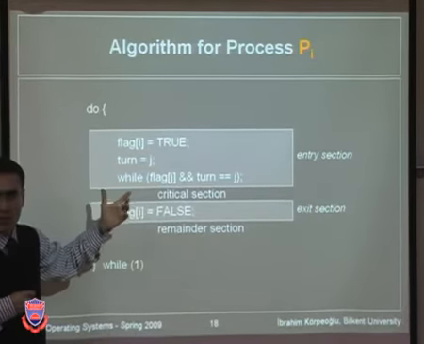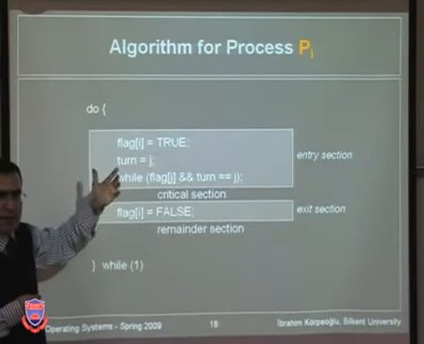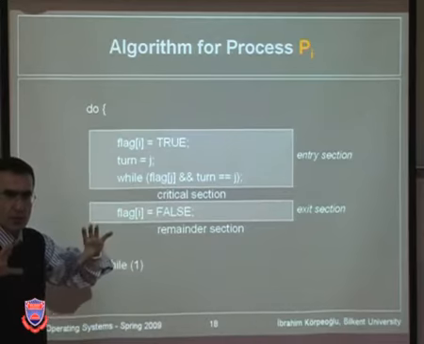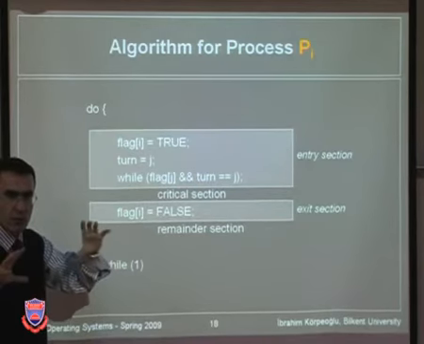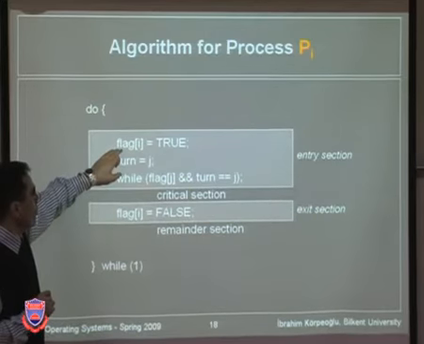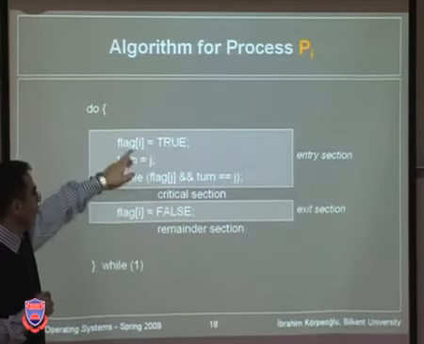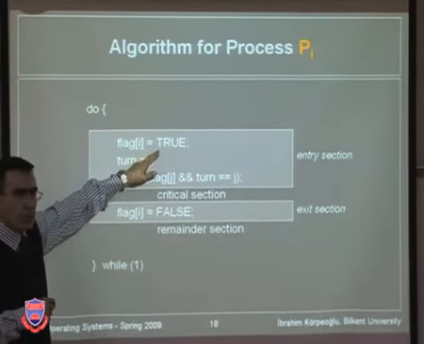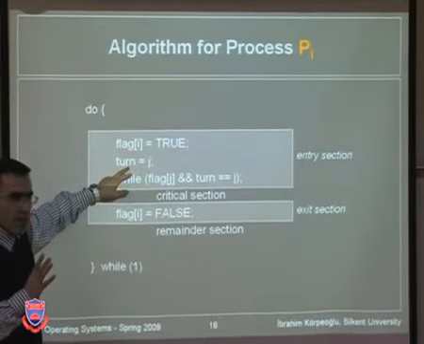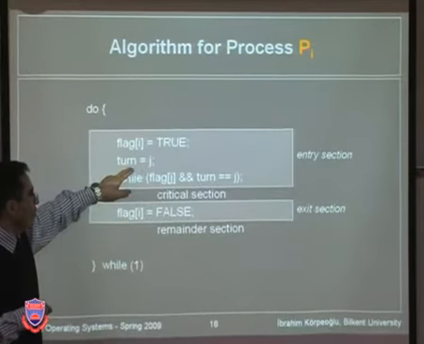If i is 0, j should be 1. If i is 1, j should be 0, for example. Assume we are identifying the processes in this manner. Two processes, i and j: 0 and 1, or 1 and 0. So if process i would like to enter the critical section, it first sets its flag to true. And then it becomes nice to the other process and yields the turn to the other process.